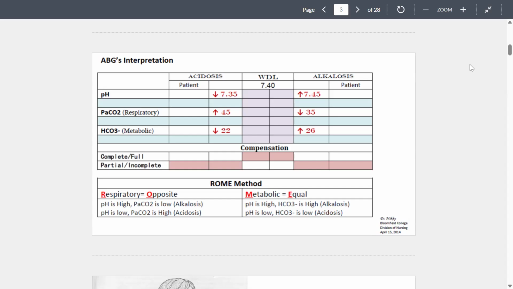Digoxin, a positive inotropic medication, will be great for a patient with CHF, or heart failure. The expected outcome is to increase the cardiac output, so we give a positive inotropic medication like digoxin.